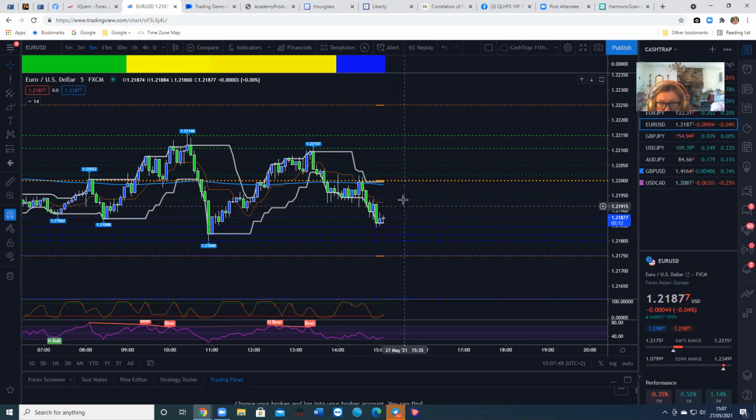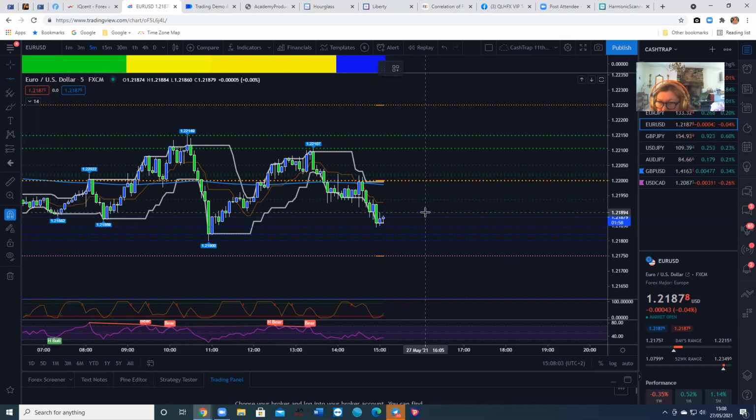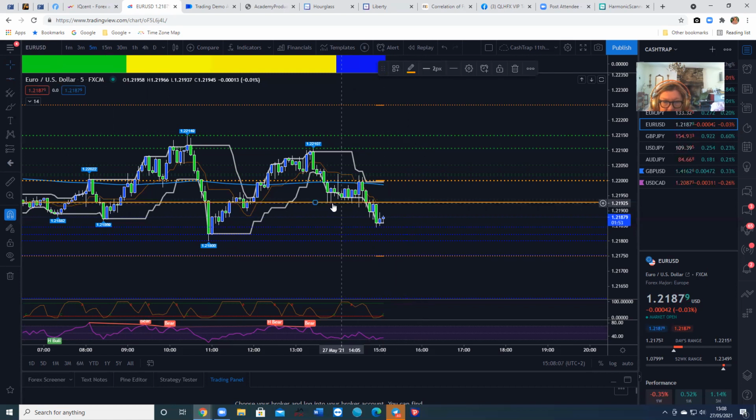I can't see another support and resistance line in between unless we marked off that, and there's one there, isn't there? 939. There, a lot of support, resistance.